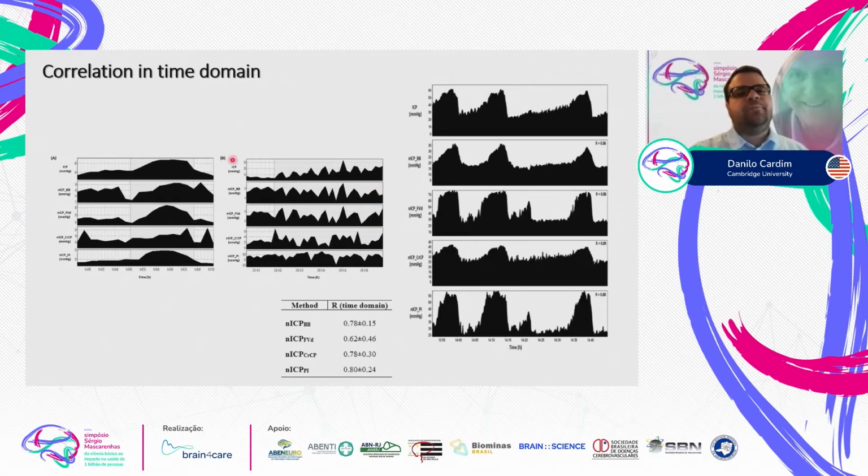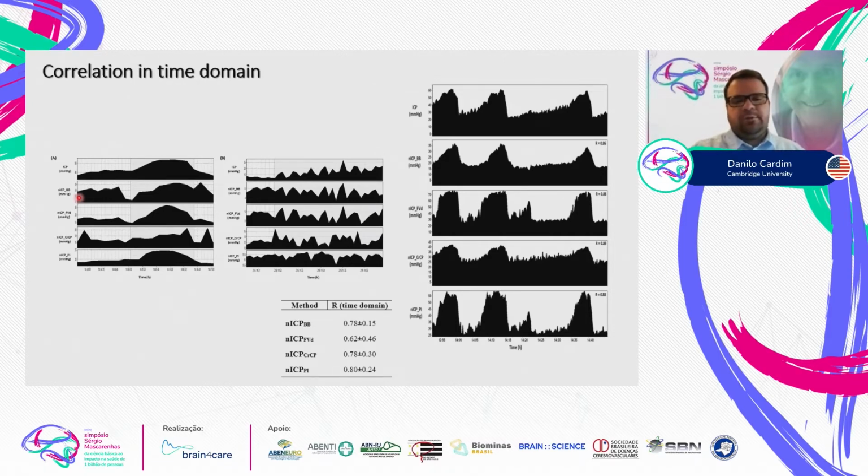Here we have a series of examples where the top plot is the intracranial pressure measured invasively, and the four plots below are the non-invasive methods. As we see, all of these methods can replicate these changes in ICP over time that do not necessarily correlate with the absolute mean value. So here we are trying to differentiate the absolute value from dynamic changes in time.